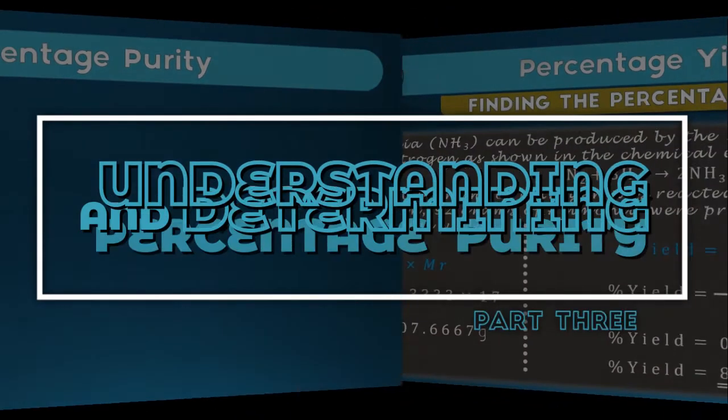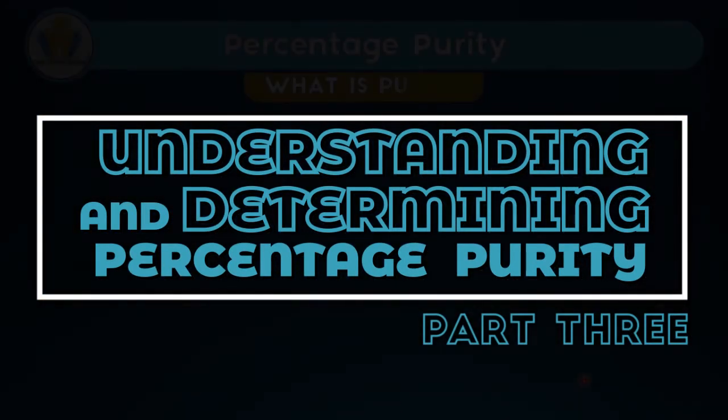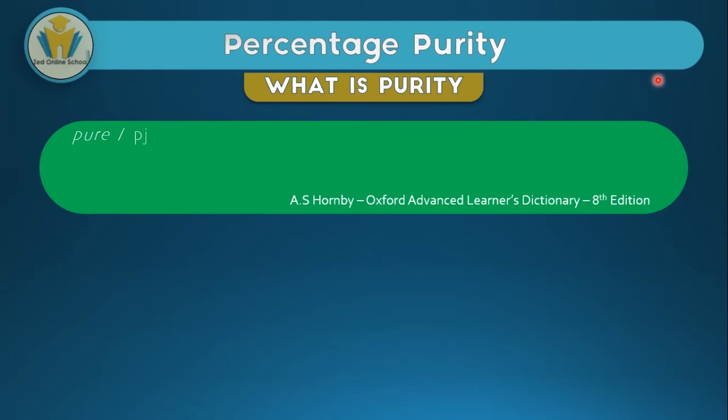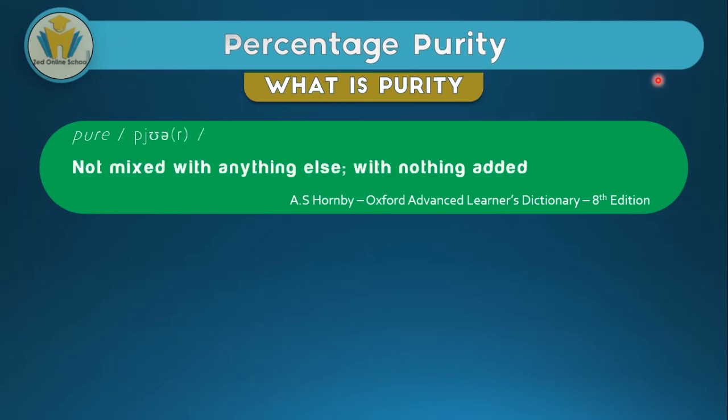Let's quickly also look at how we can calculate the percentage purity. First, as you know, we're defining these terms and getting to understand where they come from and what they mean. Purity comes from the word pure. Pure, as you can see, means not mixed with anything else or with nothing added. So when we're calculating percentage purity, we're trying to find how pure this thing is.